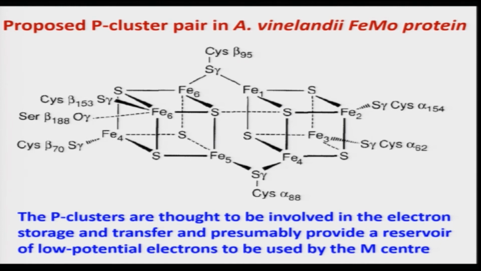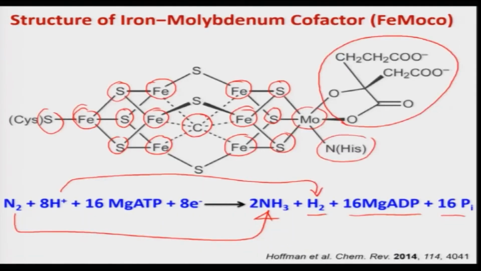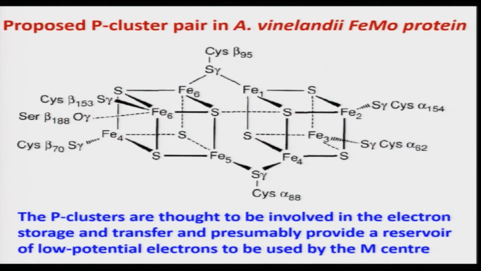You see that this is not just a simple 1 or 2 electron reduction, this is actually, as you saw earlier, a reduction by 8 electrons, which yields 2 molecules of ammonia and hydrogen. So, this is a highly reduced state and lots of energy is required, and this is why nitrogenase is so special.